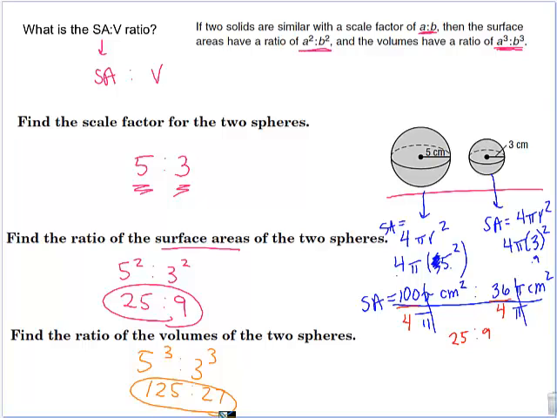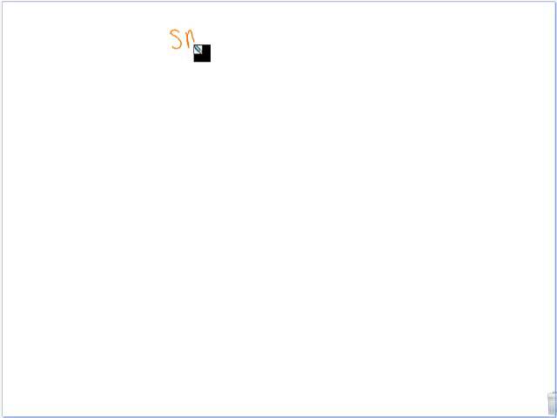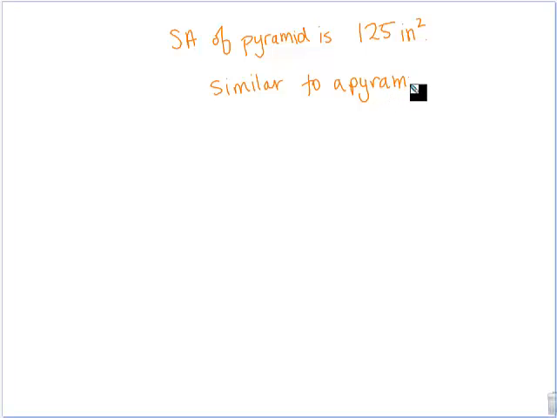Now, how this can help us. Let's say I tell you that the surface area of a pyramid is 125 inches squared. I tell you that it is similar to a pyramid with surface area of 9 inches squared.